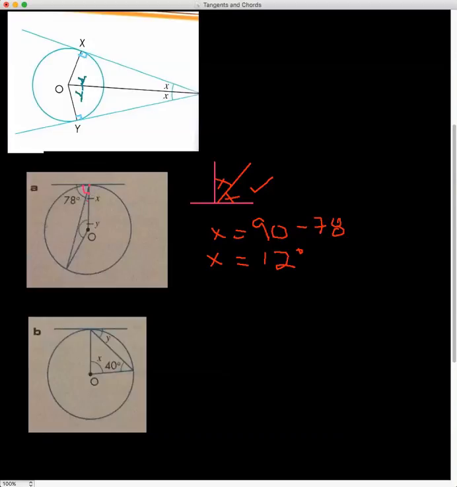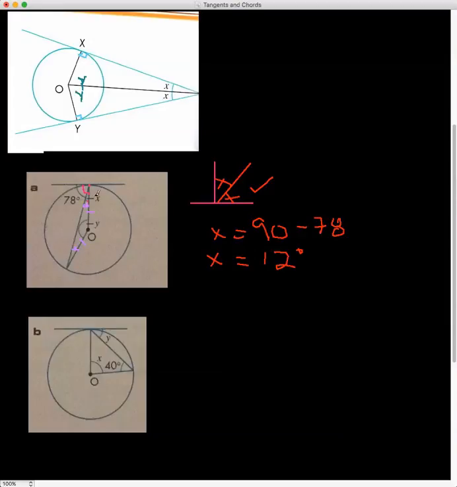To find y, here's another trick that we should be aware of. This triangle inside here is actually an isosceles triangle because these two sides are the same, from O to the outside and O to the outside. So if that's the case, then this angle where x is and this angle here are equal.